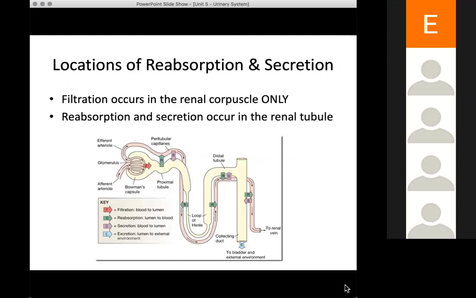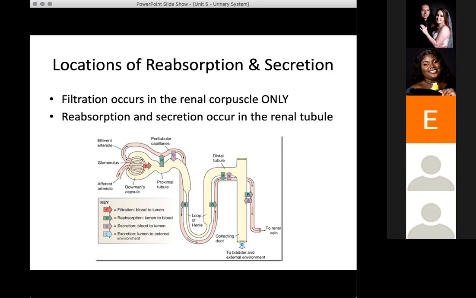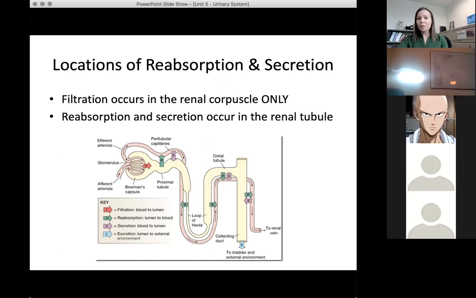Okay, here we are. So we just talked about filtration, which is the first process of urine formation. And now we are going to get into the other 2 processes, reabsorption and secretion. So the next one that happens is tubular reabsorption, which is the movement of solutes and water from the filtrate back into the blood.